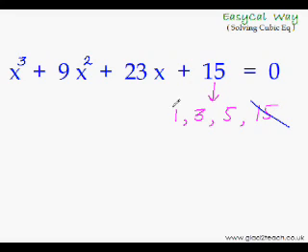So that means these are the three factors, isn't it? 1 plus 3 is 4 and 4 plus 5 is 9. So now we just have to change the signs. So it becomes -1, -3 and -5. That's it. Question solved. The three roots of this cubic equation are x equal to -1, x equal to -3 and x equal to -5.